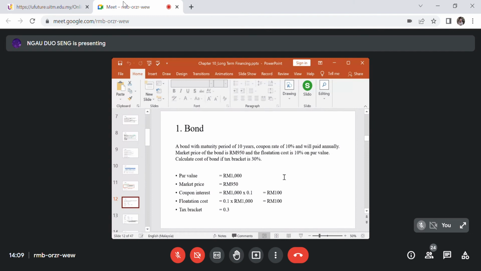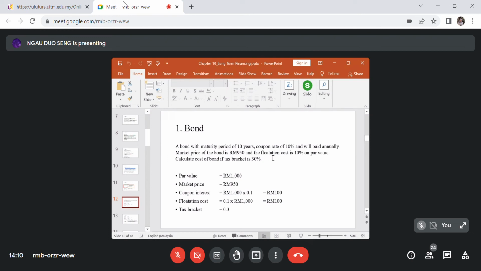Here we have market price 950. Coupon interest: we checked the coupon rate of 10%, so 1,000 multiplied by 0.1 equals 100.